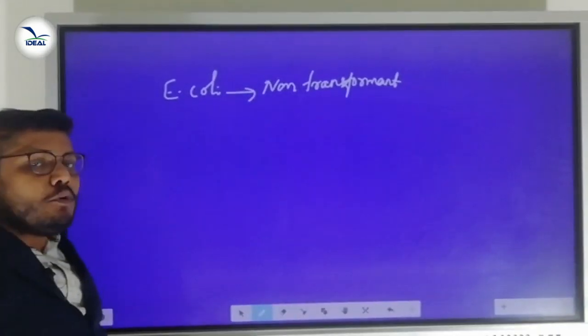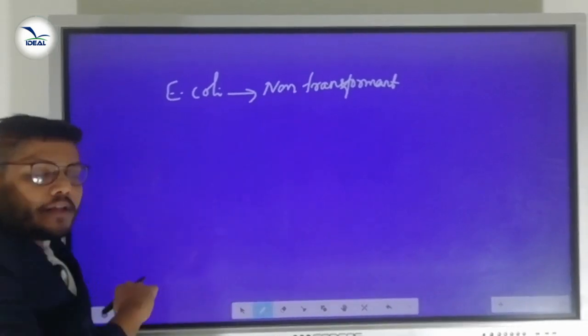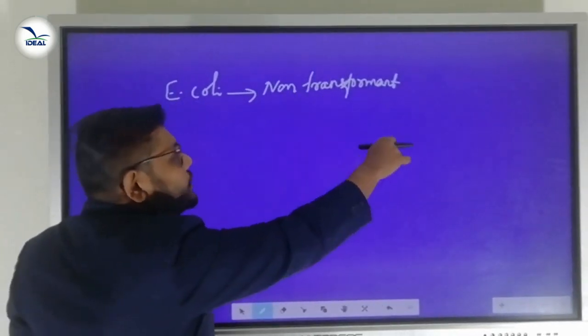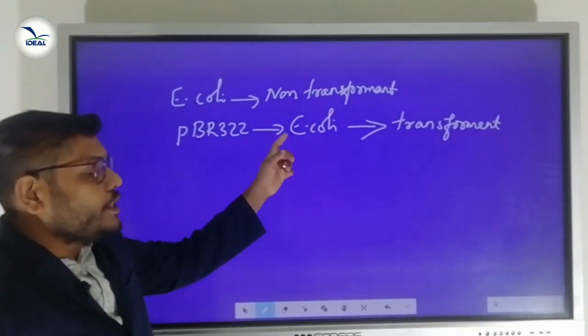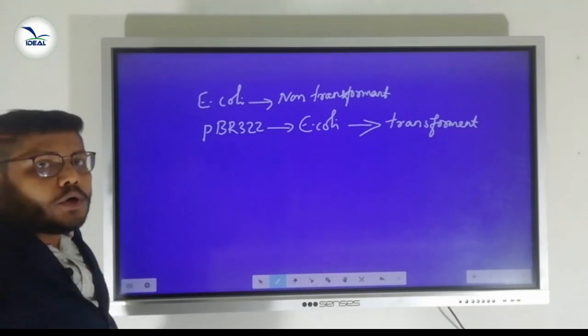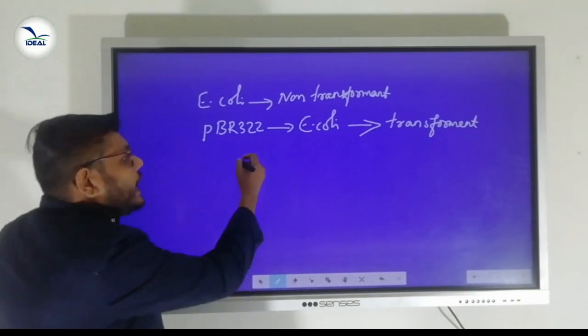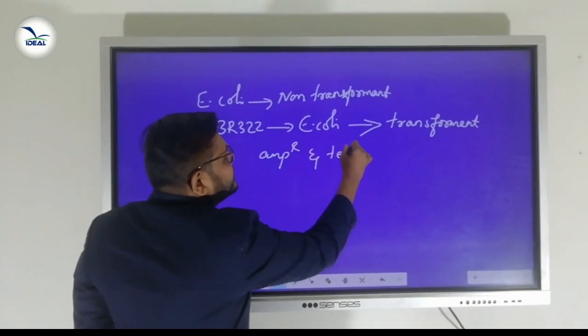But normal E. coli cells do not have the two antibiotic resistance genes, so we call them non-transformants. Is it clear? If pBR322 is added to E. coli, it becomes a transformant, so it can grow with both the ampicillin resistance gene and the tetracycline resistance gene.